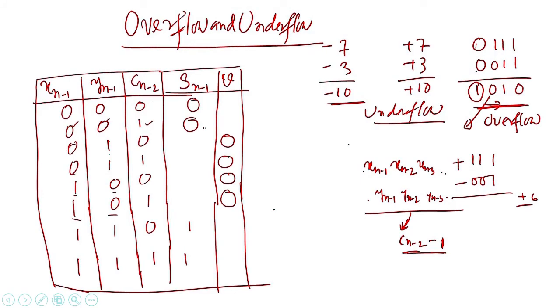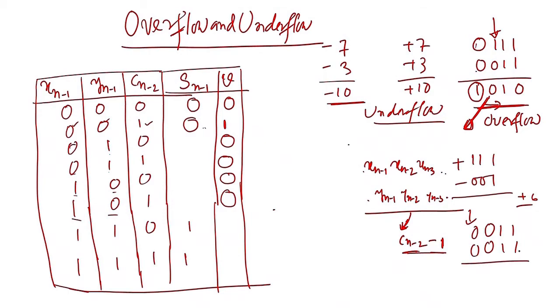If both are positive numbers and C n minus 2 is 1, the sign will remain positive, but there will be overflow. If C n minus 2 is 0, then there is no overflow. So here this will be 0. That means, in this position, if the carry out bit is 1, then we will say it is an overflow. Let us say you are adding 0 1 1 and 0 1 1, where this is the sign bit.